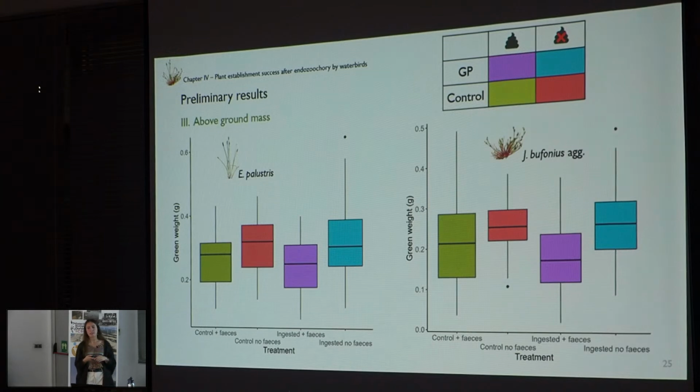And then regarding the above ground mass, in this case also, plants with feces had a lower mass than plants without feces. So all these variables seem to point out that feces could be inhibiting the plant establishment, and that gut passage can be having an effect, but that is not too strong to see it graphically.